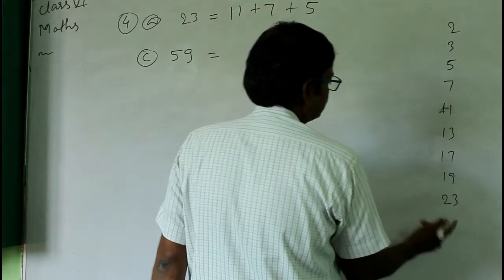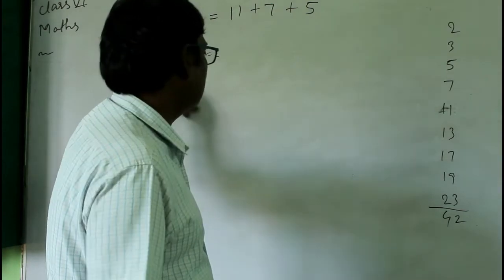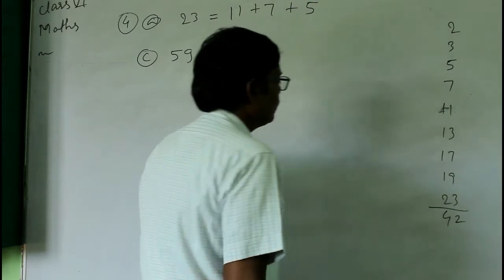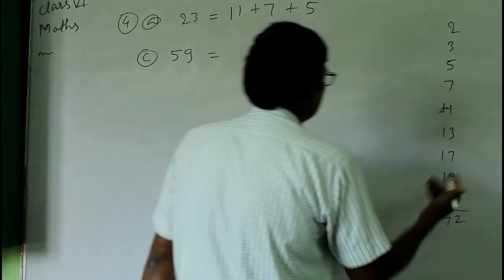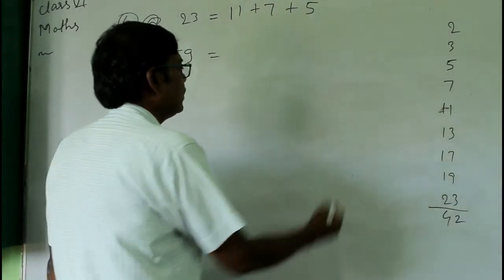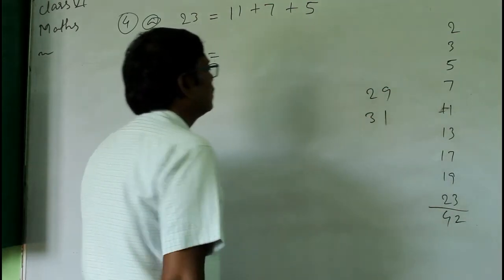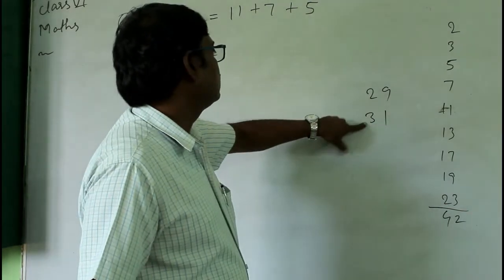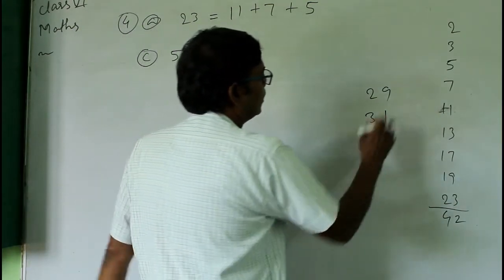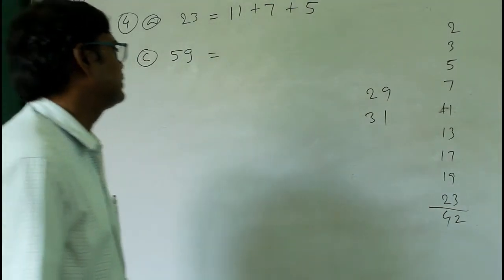If you add these two, 3 plus 2 is 5 and that will be 60, so we don't need 60 here.